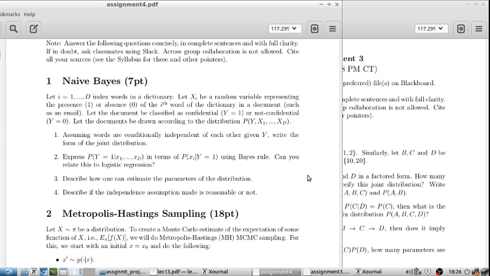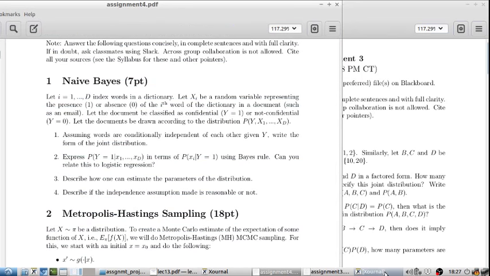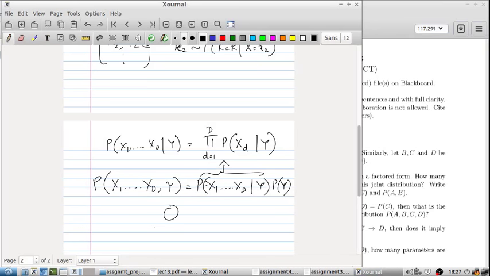And then describe how one can estimate the parameters of the distribution. The naive Bayes model is actually an example of a directed probabilistic graphical model. If you look at the notes or slides, you'll see that the model is essentially this: there's a y here and a bunch of directed arcs to x1 to xD.